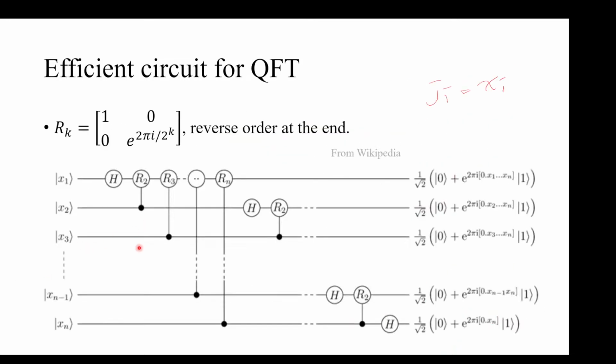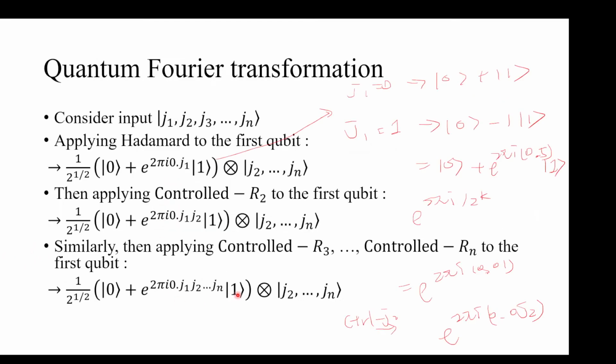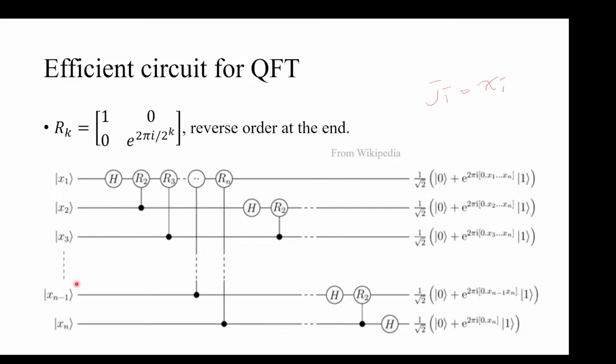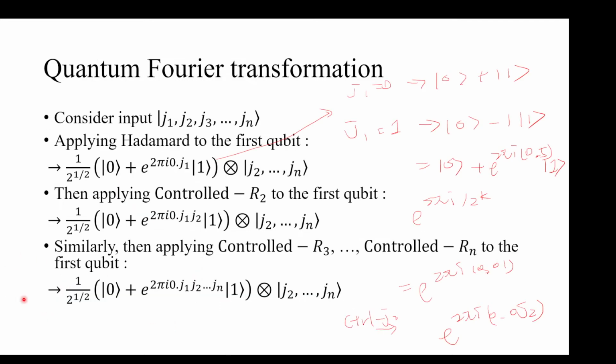Then you control on the third qubit to do R3. Then you get this extra 0.00J3, so 0.0J3 on the phase here. Okay, and so if you control all the way from R2 to Rn, then your phase will become e to the 2 pi 0.J1 J2 to Jn.